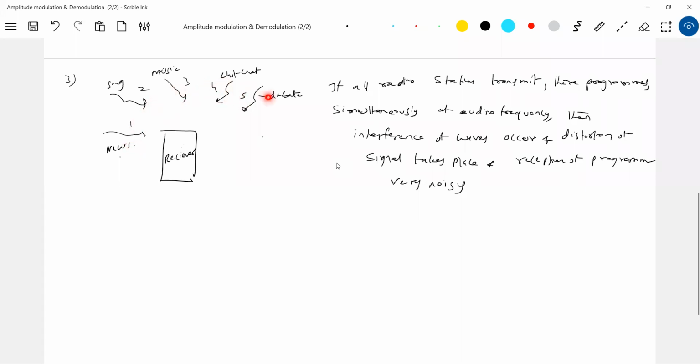So how come all are transmitting and still we are not getting what you were discussing? Because the programs are transmitted at different frequencies. And which frequency you tune it, only that particular signal you are going to receive it. So therefore, if all radio stations transmit their program simultaneously or at audio frequencies, what is the problem? There's the thing. So therefore, frequency multiplexing should be done.